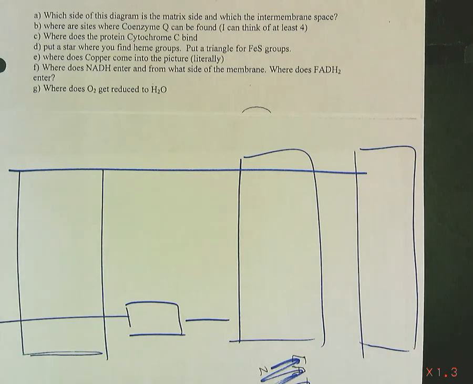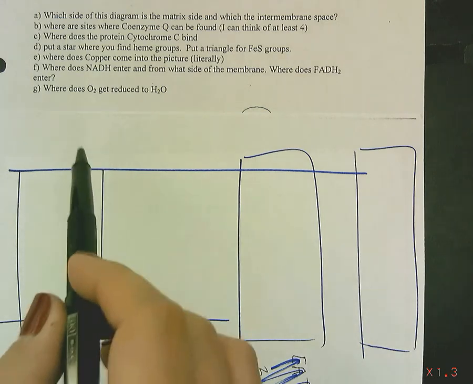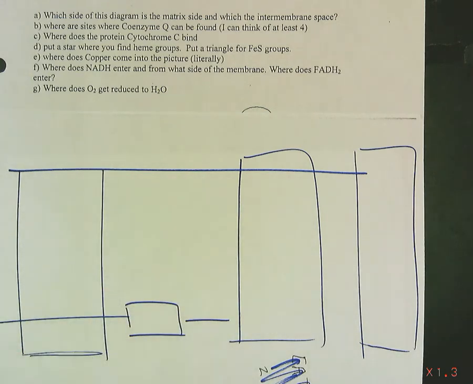So the first question is, how do we know which side is the matrix and which side is the intermembrane space? Okay, so is the matrix going to be on the top or on the bottom, on my snazzy little picture here? So complex 2, right, is succinate dehydrogenase.